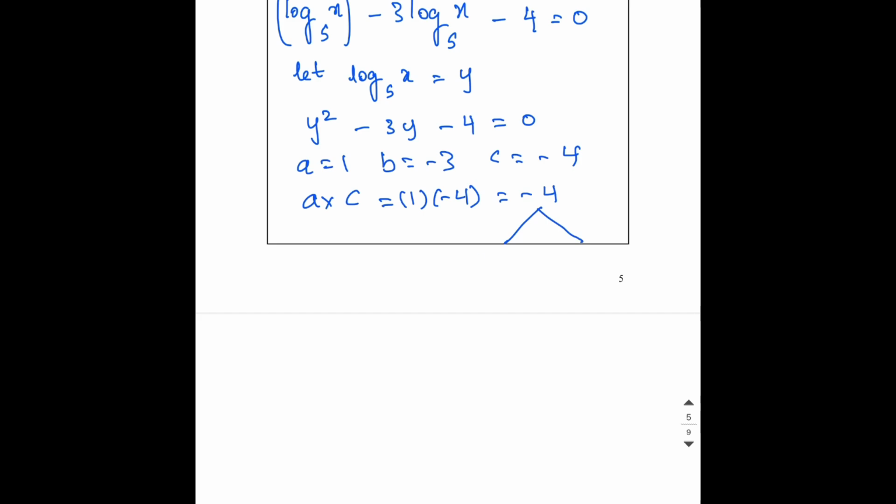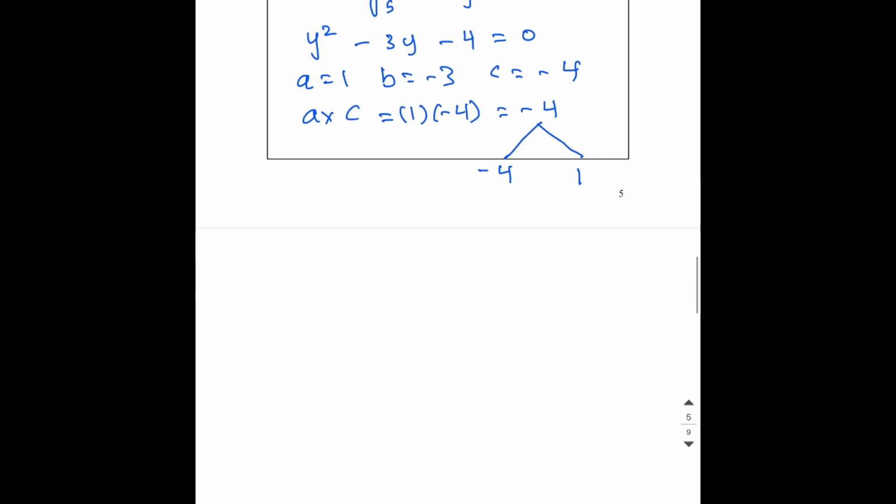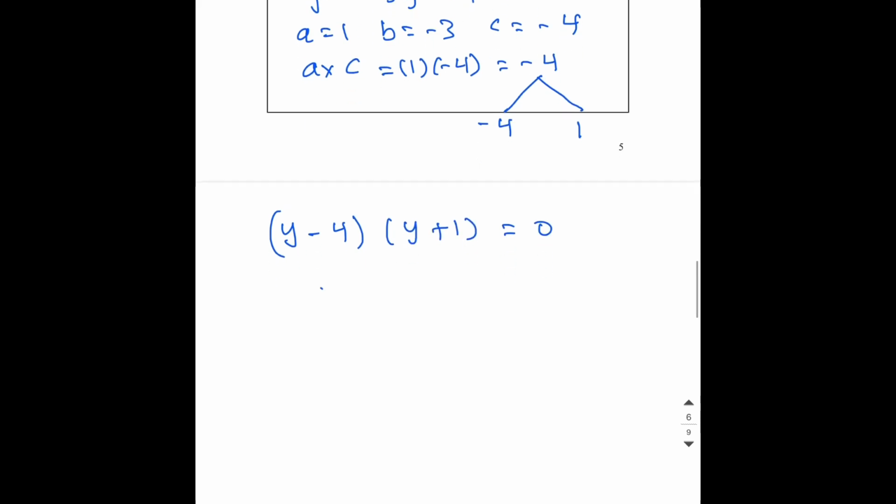So I would say -4 and 1. If I multiply, I'll get -4. If I add them, I get -3. So my factors are y minus 4 times y plus 1 equals 0. So y equals 4 or y equals -1.